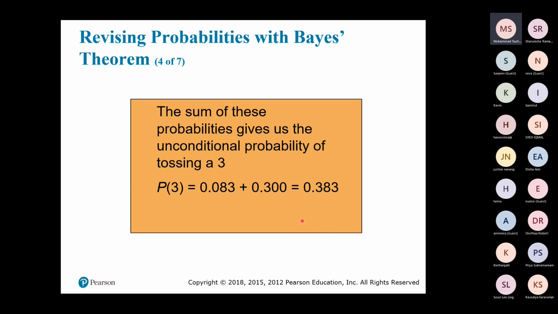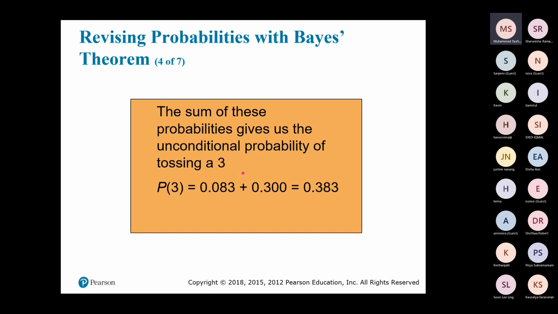All right. So the sum of these probabilities gives us the unconditional probability of tossing a 3. The chances of you getting number 3, either you throw the normal die or you throw the modified die, is the summation of both probabilities.